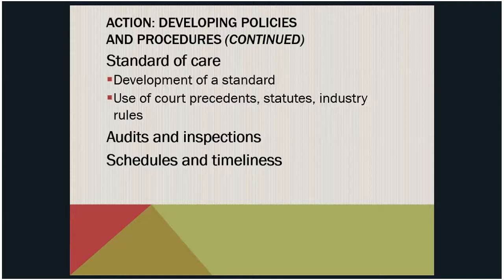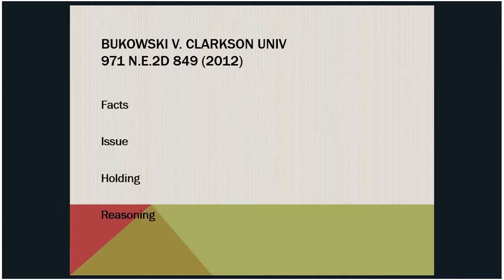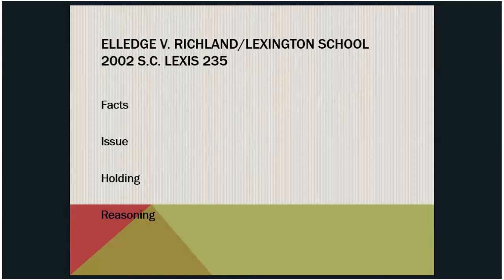We need to uphold the standard of care. We need to make sure and require that all our employees are acting in the manner that we need them to. And we can discuss Bukowski versus Clarkson, Elledge versus Richland, Lexington School.